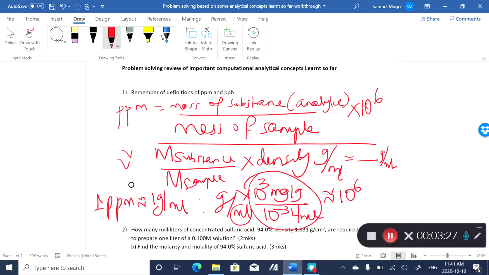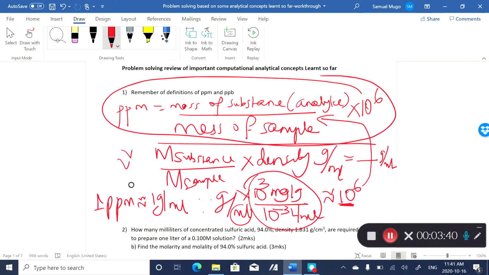If you take 1,000 and divide by 0.001, it becomes 10 to the power 6. And actually, that's how we get this relationship. And then you can see my results here became milligrams, because these cancelled out, and the mLs cancelled out: milligrams per liter.